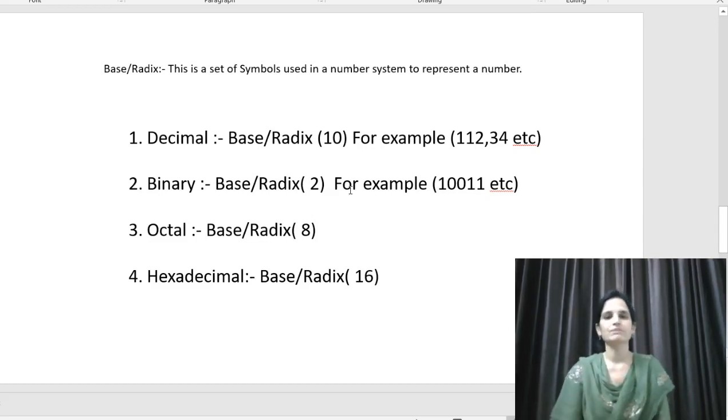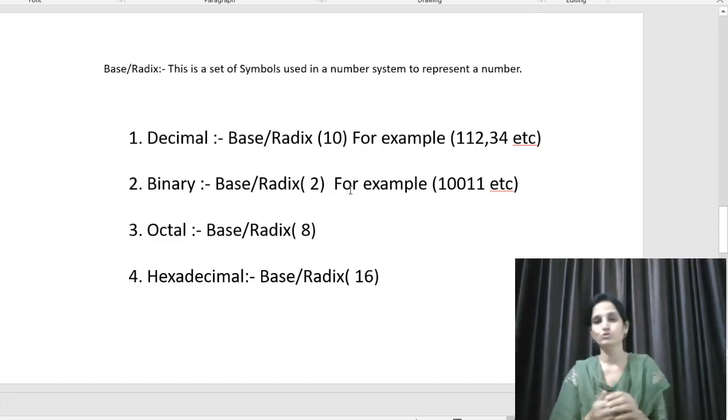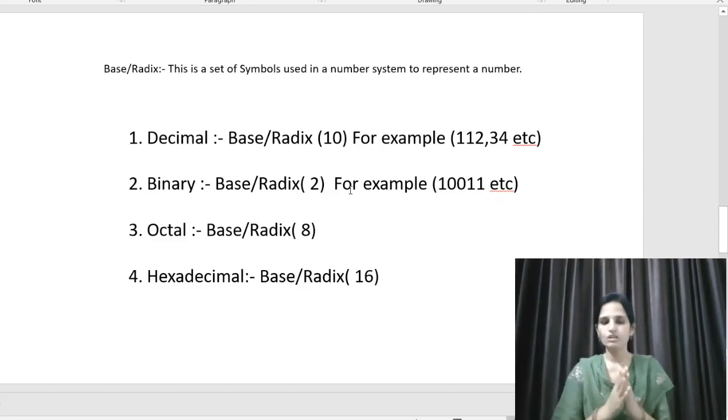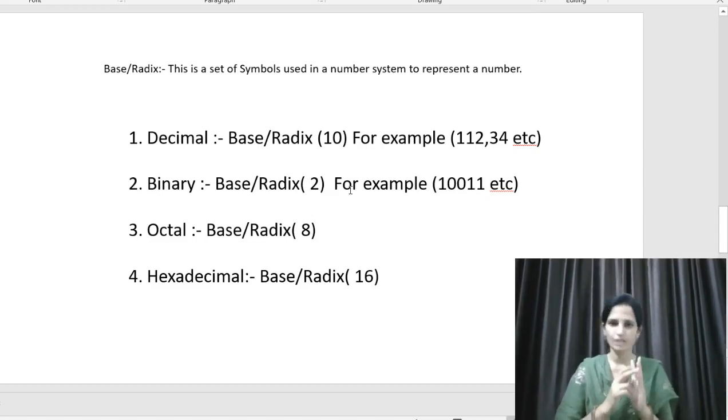In hexadecimal, the base and radix is 16. So 0 to 9: 0, 1, 2, 3, 4, 5, 6, 7, 8 and 9.